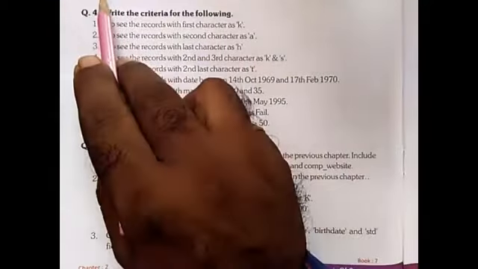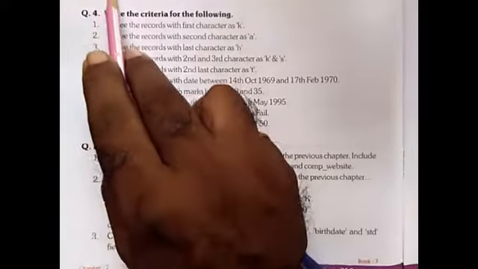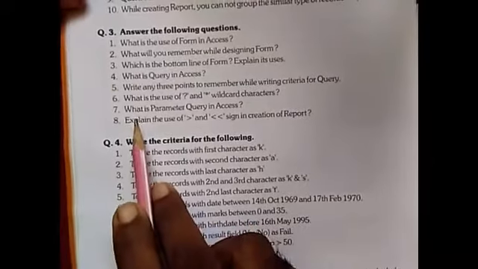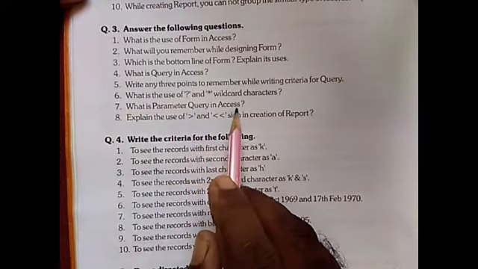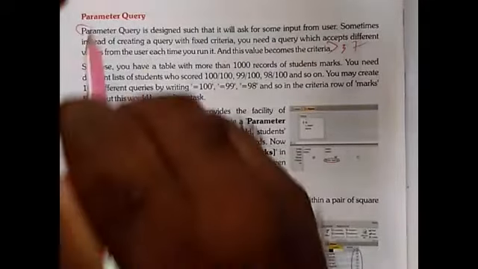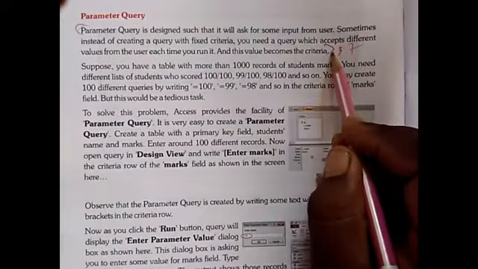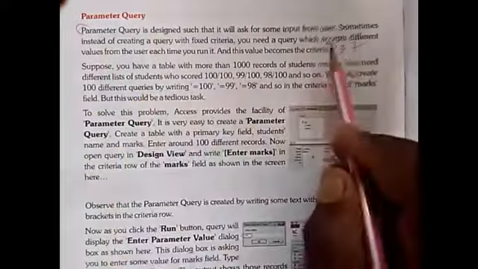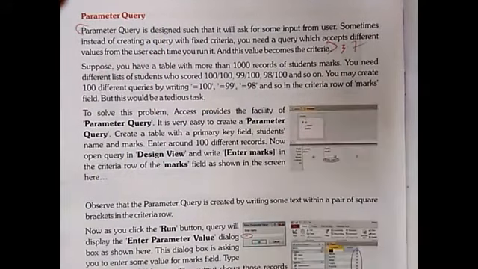Next, 7, what is parameter query in Access? Answer page number 20, parameter query title, this first paragraph. Parameter query is designed to become the criteria. 3.7.